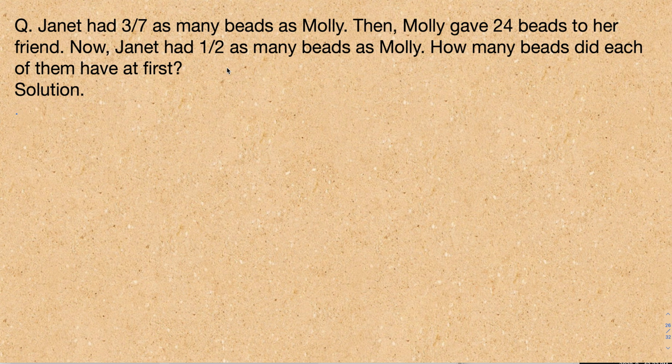Okay, so what we have here is Janet had 3 by 7 as many beads as Molly. This is what they have at first, right? Since Janet is only 3 by 7 of Molly, that means if Janet has 3 units, then Molly has 7 units.